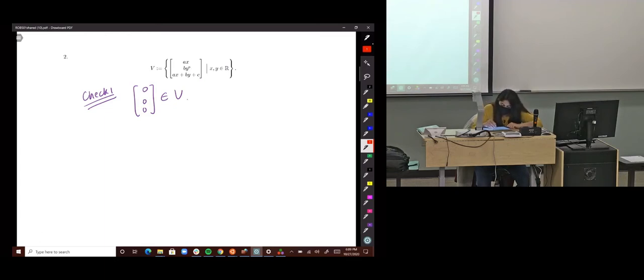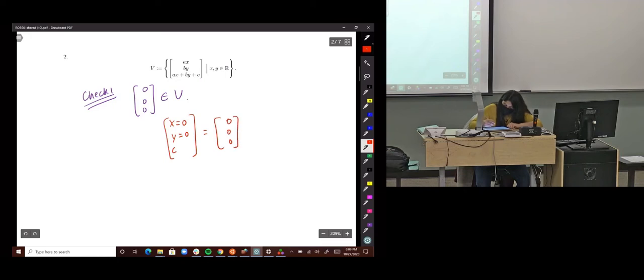If I put the first element as 0, then a can be anything and x is 0, y is 0, and then the third element becomes c. For this to be equal to the 0 element, I get a condition: c equals 0.